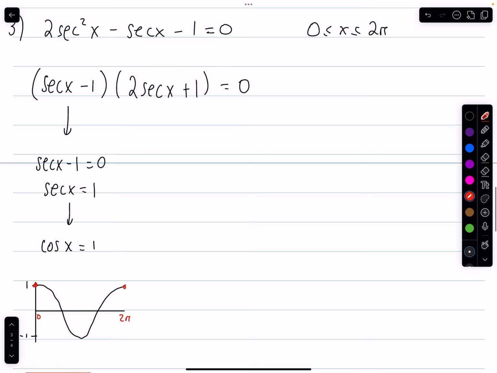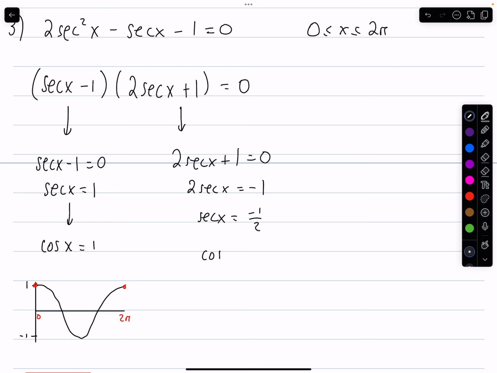Now let's do the other side. 2 secant x plus 1 equals 0. 2 secant x equals negative 1. Okay, and then secant x equals negative 1 over 2. Now we have to do cos x because we want the primary trig ratio, which is 2 over negative 1, which is negative 2.